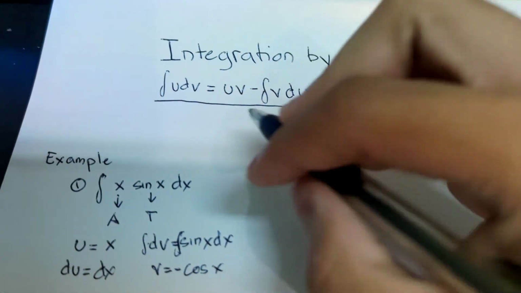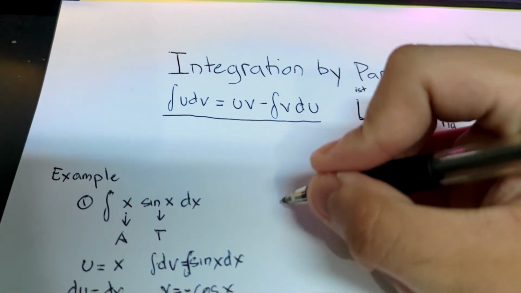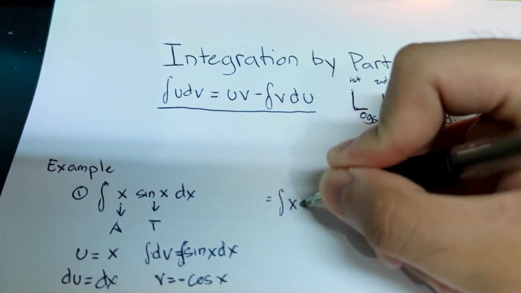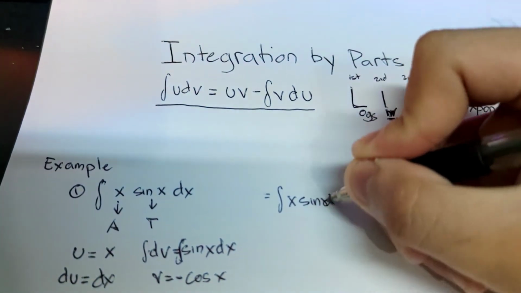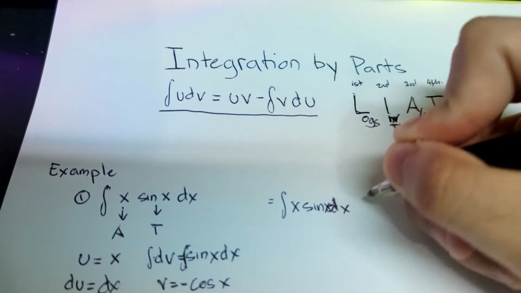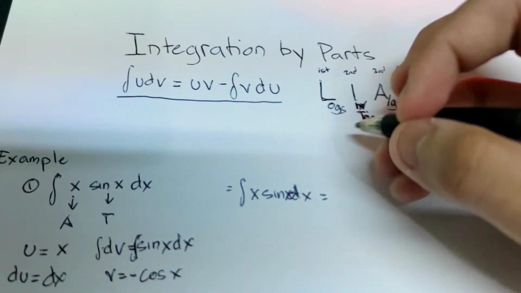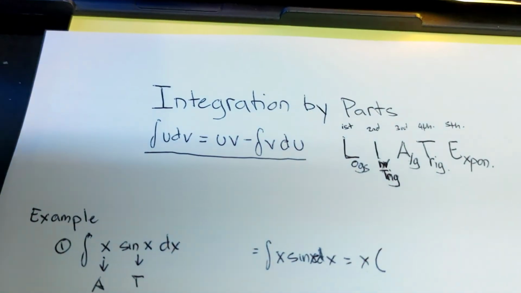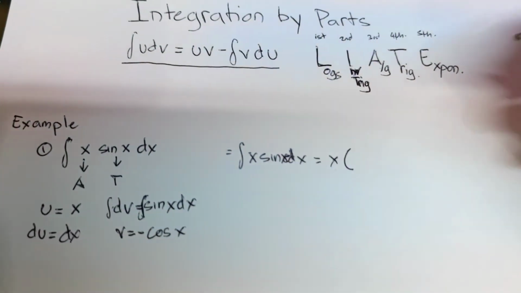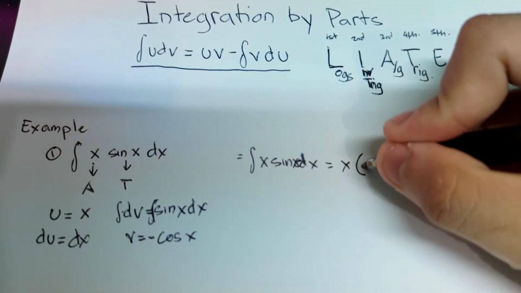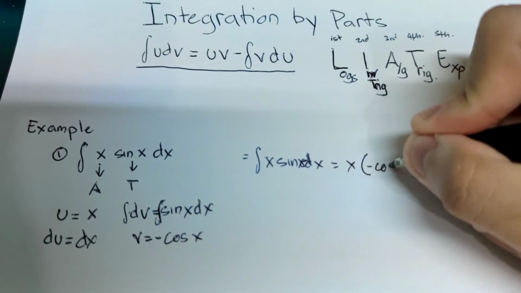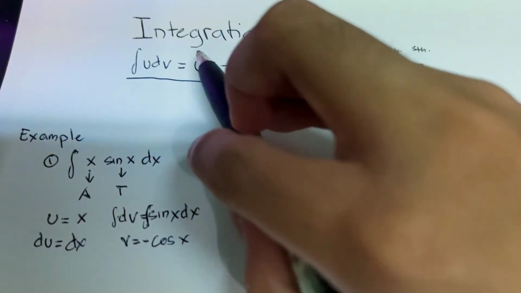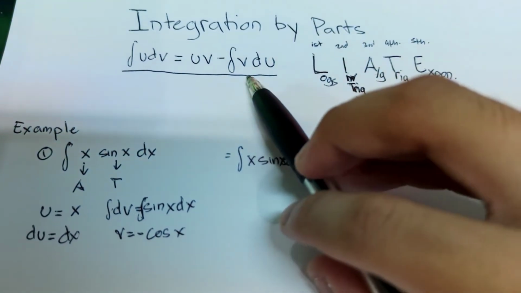So we'll solve this by using this formula. Our integral of u dv, which is the integral of x sine x dx, is equal to u, which is x, multiplied by our v, which is negative cosine x, minus the integral of v du.